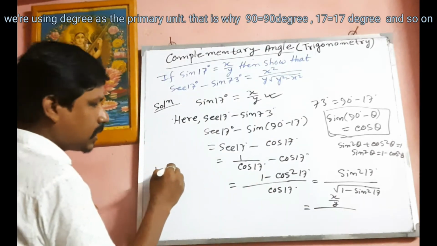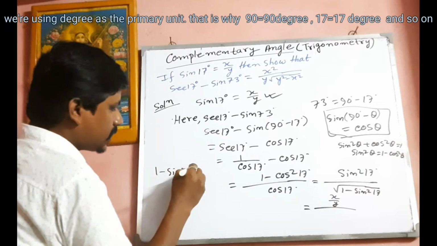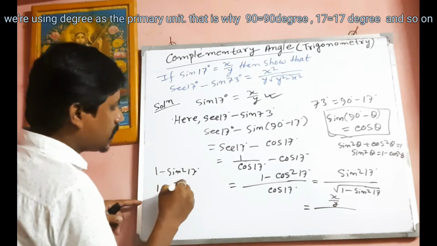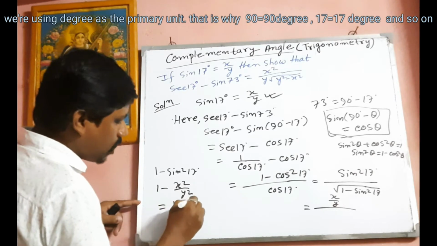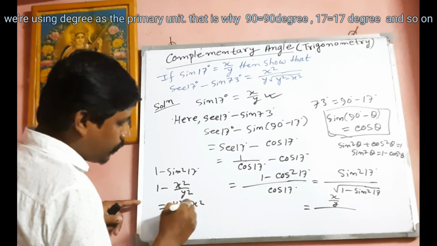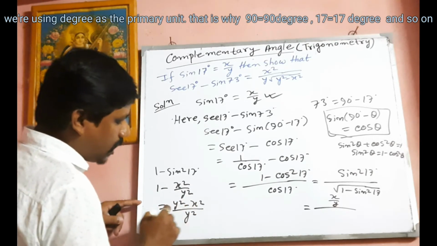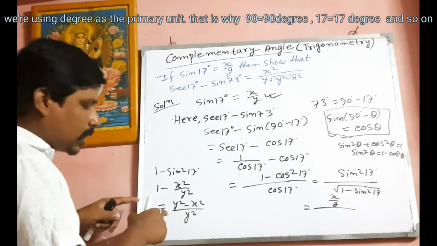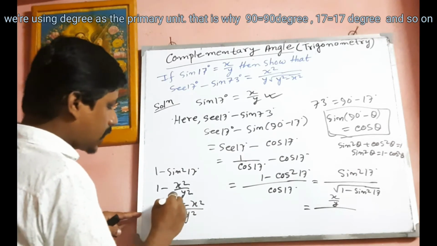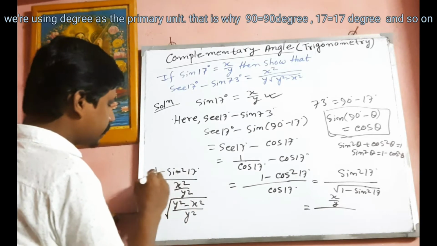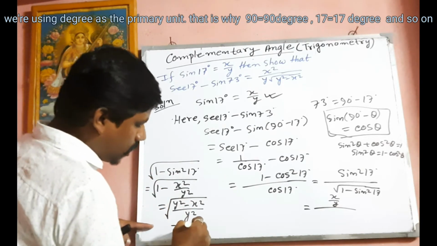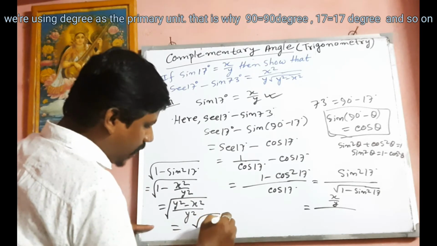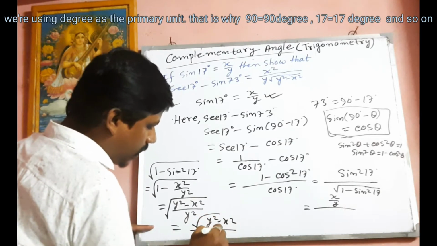1 minus sin square 17, which means 1 minus x square by y square, and this will be y square minus x square divided by y square. If we put the root here, then we get root under y square minus x square divided by y.